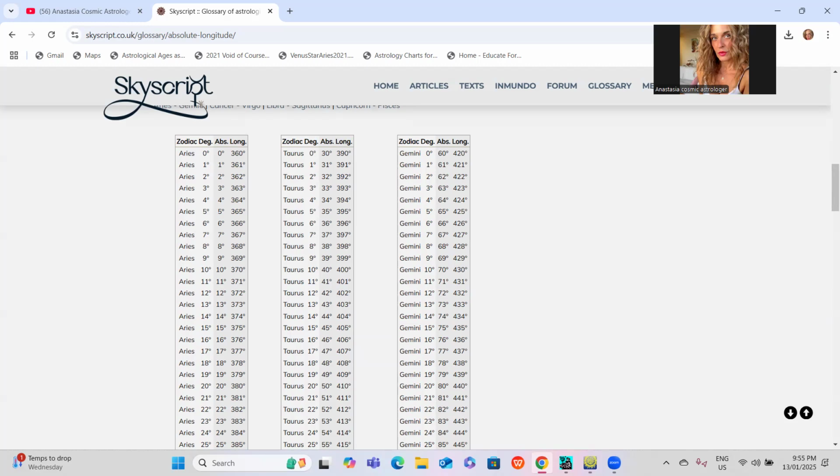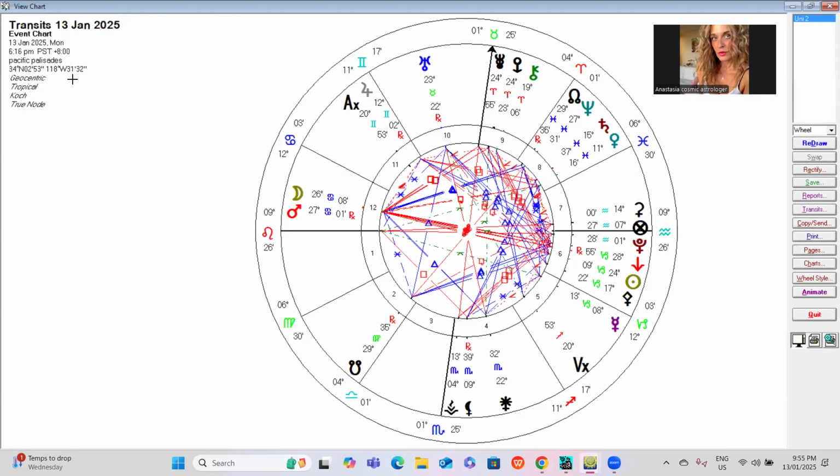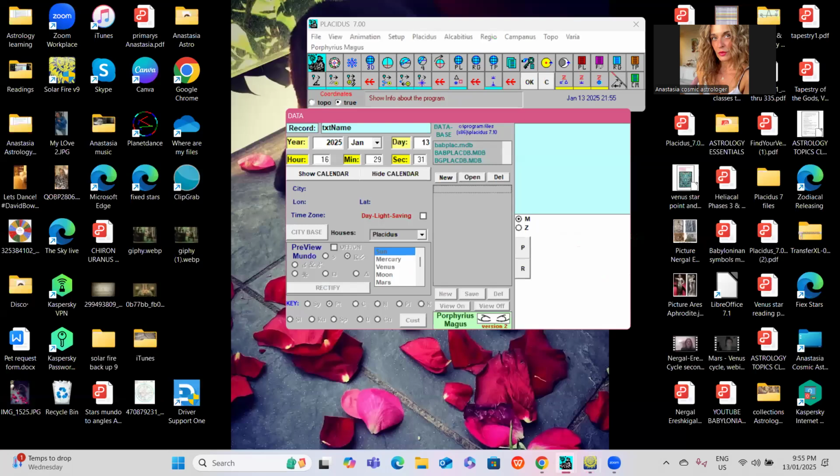And what I was showing you guys before was that if you look at the absolute longitude of Pacific Palisades, California, that's it there, where it says 118 degrees west. Now, what's 118 degrees in terms of what we are talking about here?